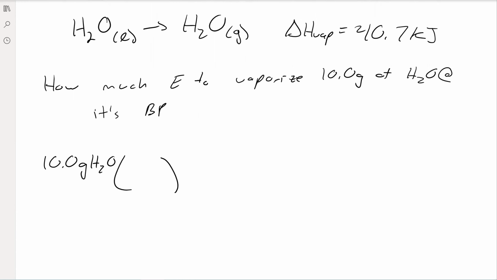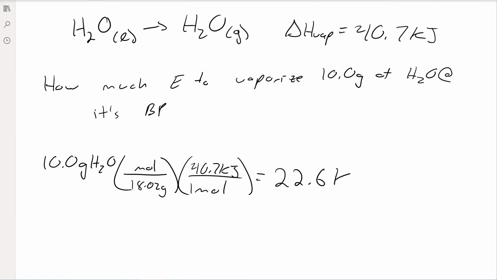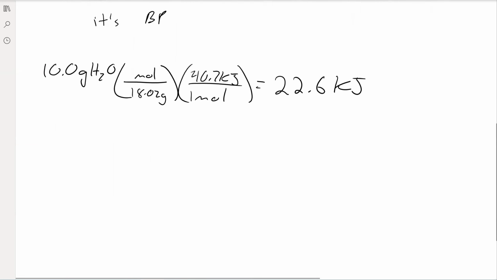So we have grams, we can go to moles using the molar mass, 18.02 grams per mole for water. And then we know for every 1 mole of water, it takes 40.7 kilojoules. Do the math there, you get about 22.6 kilojoules of energy to essentially turn 10 grams of water at the boiling point to 10 grams of steam.